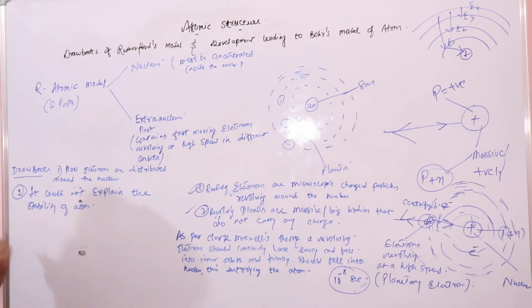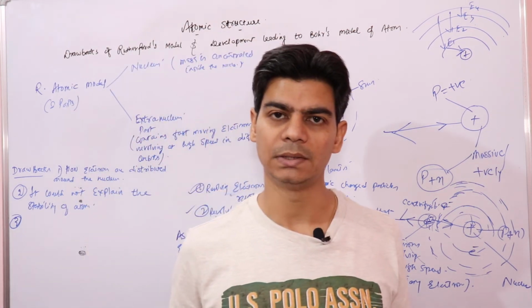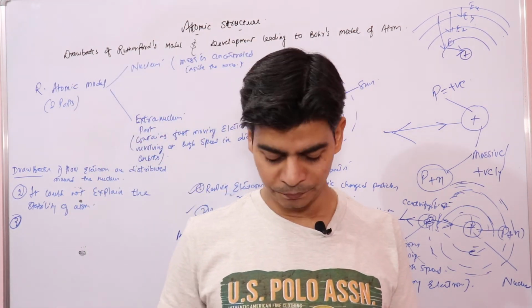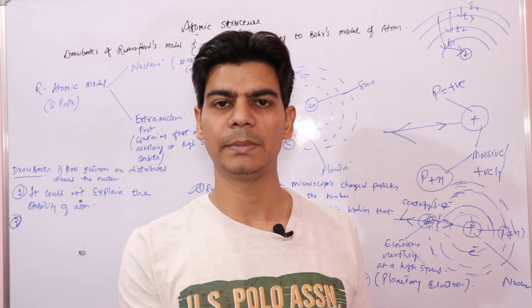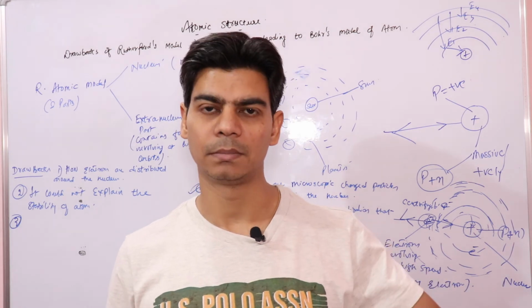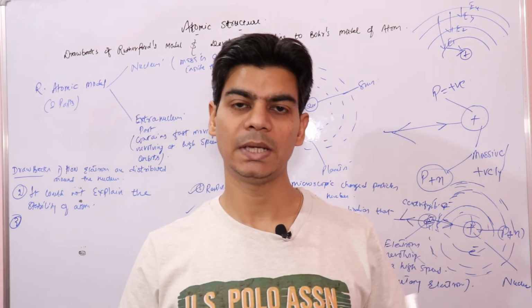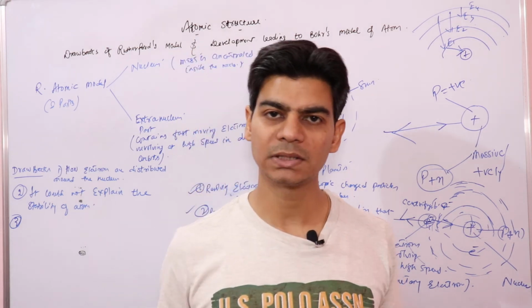And there is one more drawback: the Rutherford model could not explain the line spectrum of elements. We know that elements like sodium and hydrogen produce line spectrum. So it could not explain the line spectrum of elements. Line spectrum we'll do in the next video lecture.